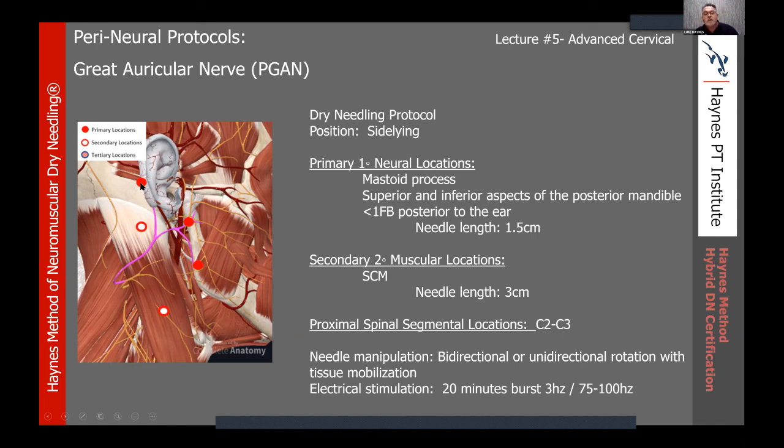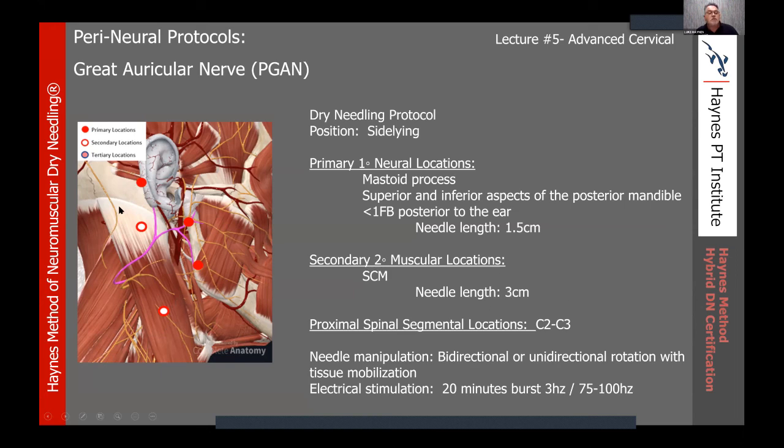We're going to have another that's less than 1 finger breadth posterior to the ear. And again, this is going to be at an oblique angle. This one's going to just lie next to the skull underneath the skin. So those right there. And then lastly, we can get into the SCM.